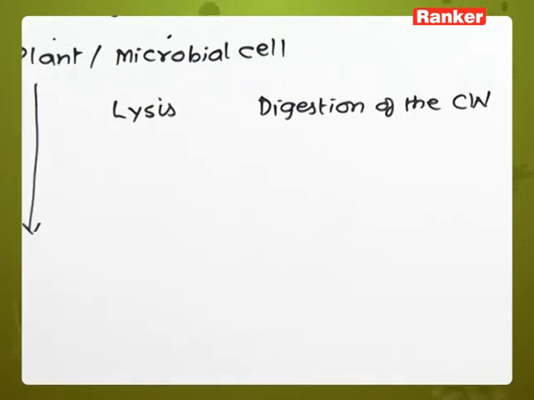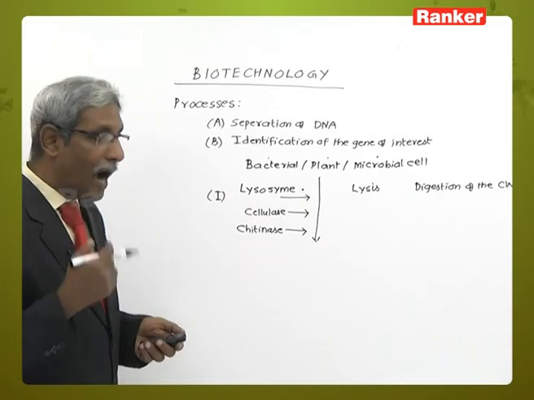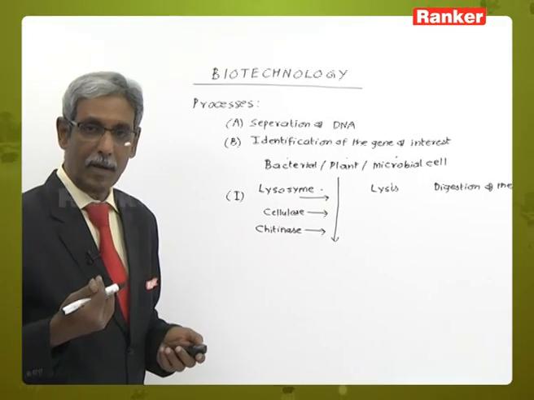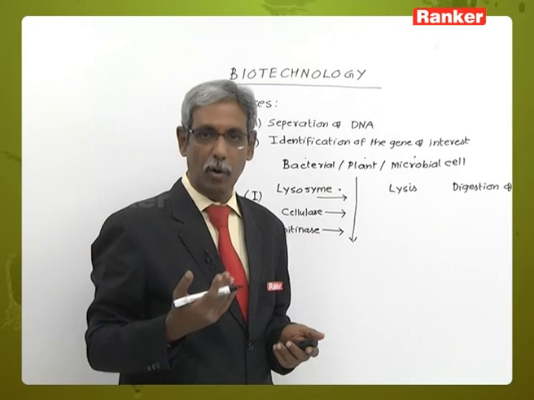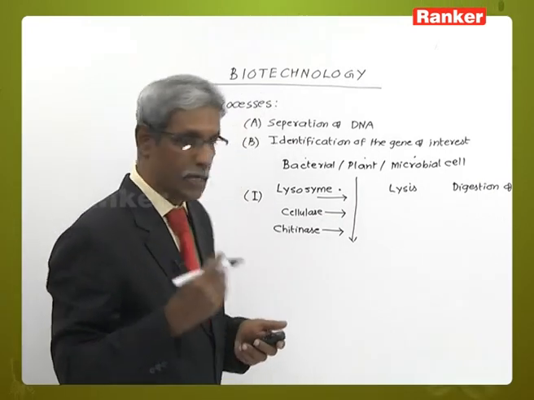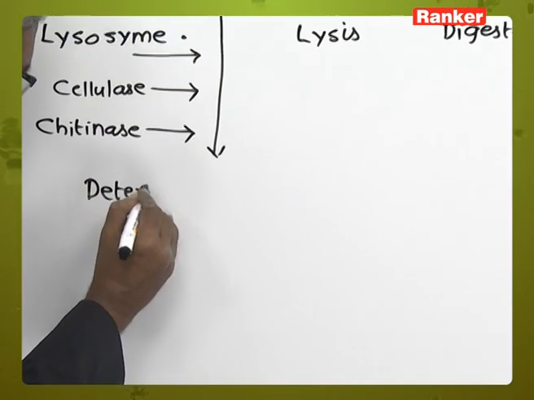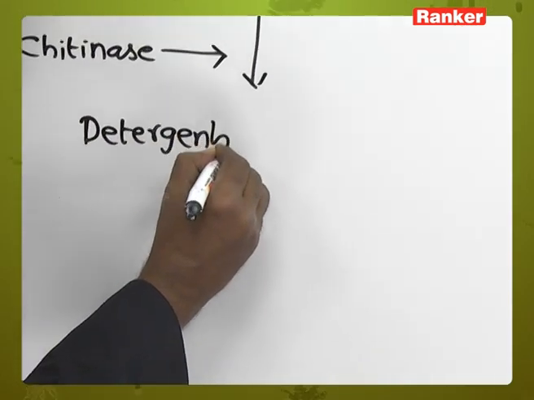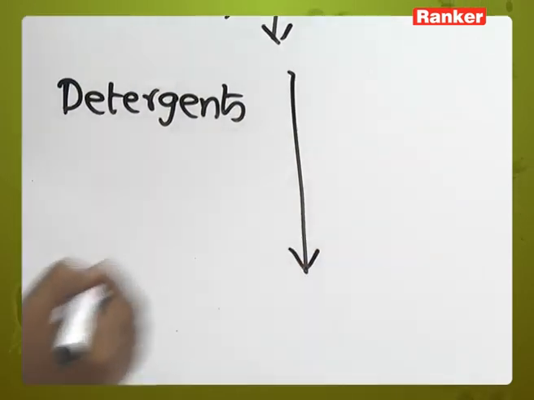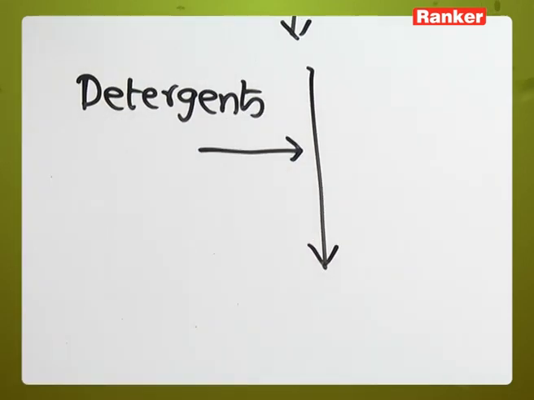Initially we had an intact cell wall, and if you want to extract the DNA, we need to break the cell wall. After we break down the cell wall, we have the different components of the cell organelles, which need to be washed. So, in the cold, under ice, we add several detergents to the remnants of the cell.